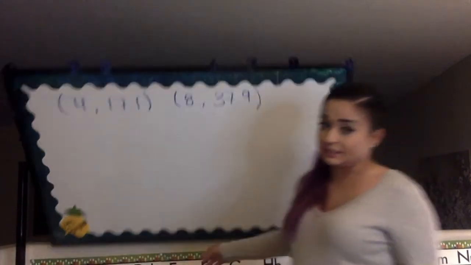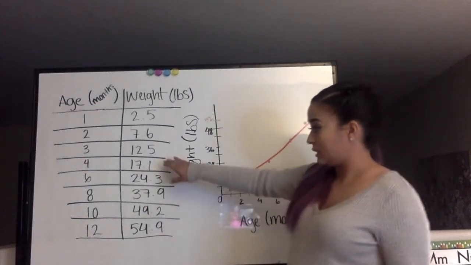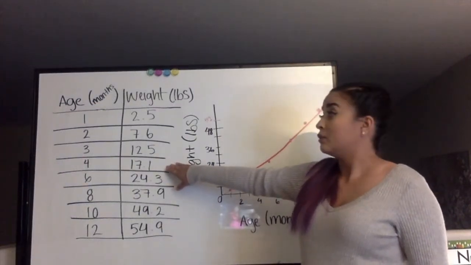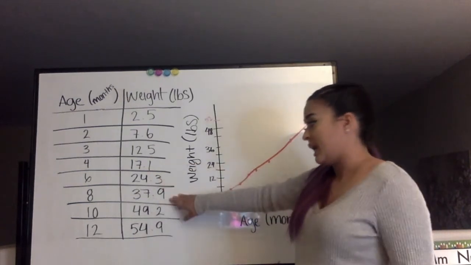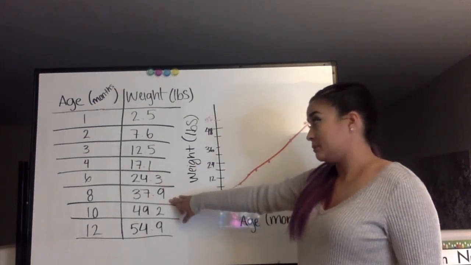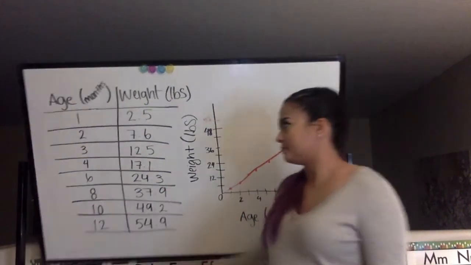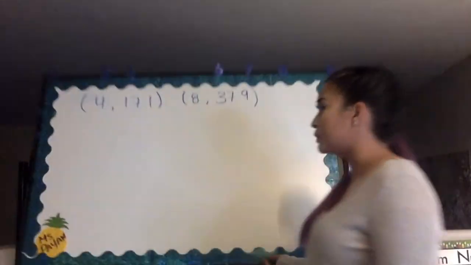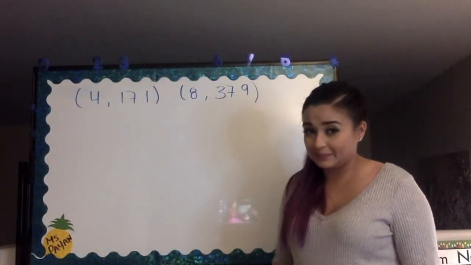In this case, I chose this point, which is age 4 months and weight 17.1 pounds, and this point, 8 months and 37.9 pounds. Those are the 2 points. I wrote them down like this, and you'll see why next.